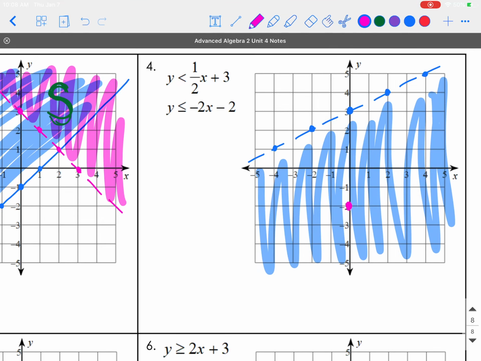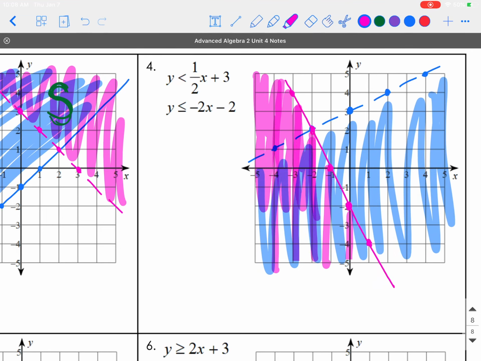Next one, -2 and a slope of -2. This one is a solid line, and I'm shading below. This is a steeper one, so it's not as obvious where below is, so draw lines going down, not left, not right. And my solution is where they overlap, which is where I'm drawing this S.